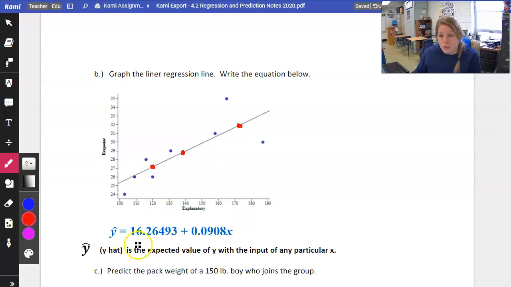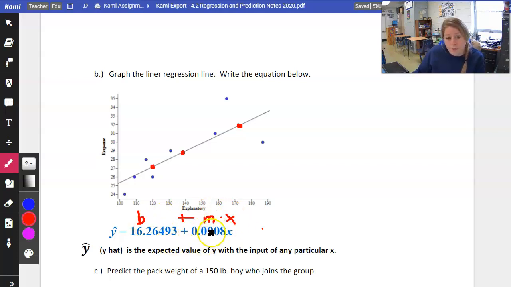The rest of this equation behaves just like slope-intercept form, y equals mx plus b. It's just kind of backwards. Here we've got our m, x, and here's our b. So if you remember from algebra, m is your slope, and b is your y-intercept.